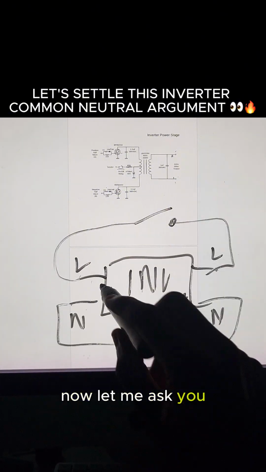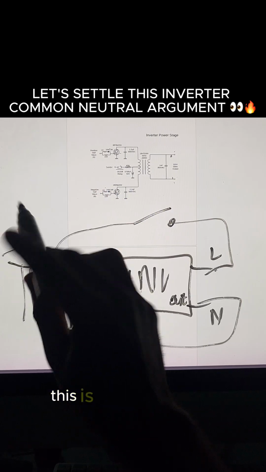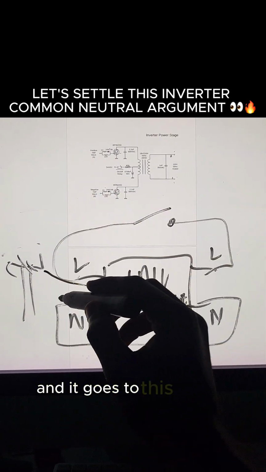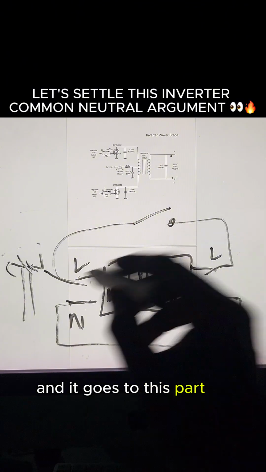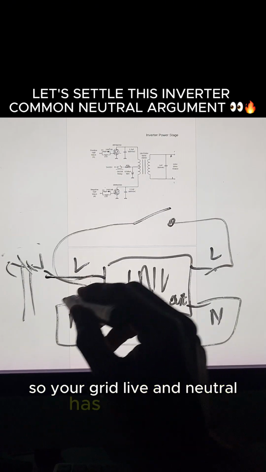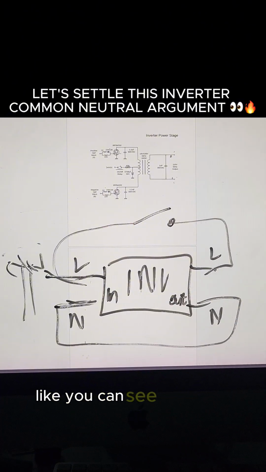Now let me ask you, as this is the input and you have your grid, right? This is your NEPA light and it goes to this part to charge the inverter. You are claiming you don't want to do common neutral, but most of you are still doing common neutral unknowingly. So your grid, live and neutral has entered here. And this is already connected inside, like you can see over here.